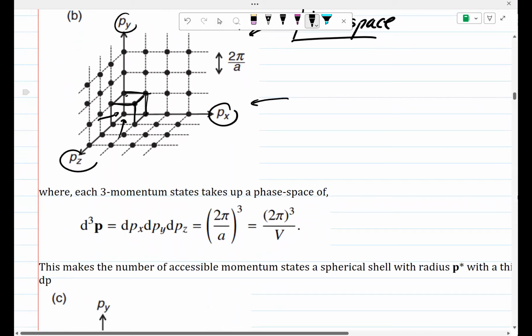This allows us to think about, if we take these and decrease them until you get differentials of them instead, so this is a p_x by p_y by p_z size cube. Oops, p_y goes this way.